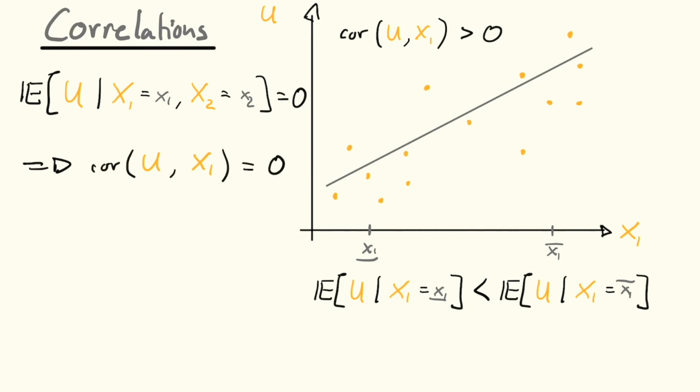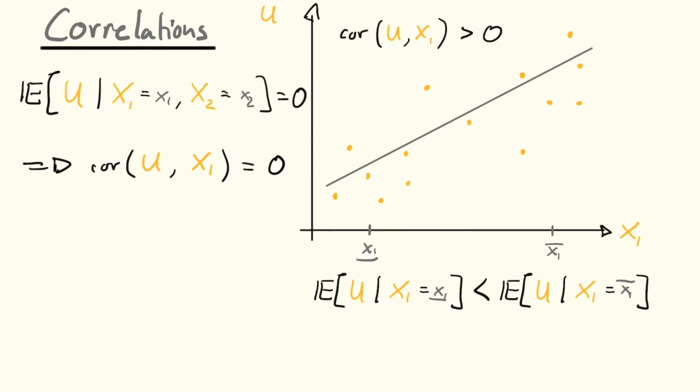By symmetry, this means of course that u and x2 also have to be uncorrelated. Sometimes it's fairly easy to argue that a regressor and the error term are correlated. This is enough to show that the exogeneity assumption fails.